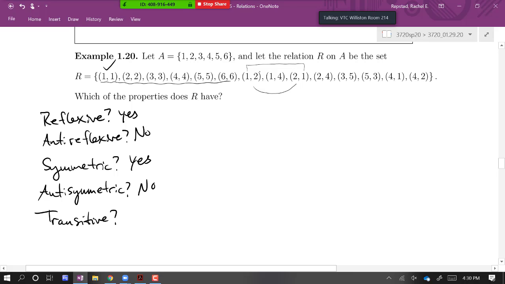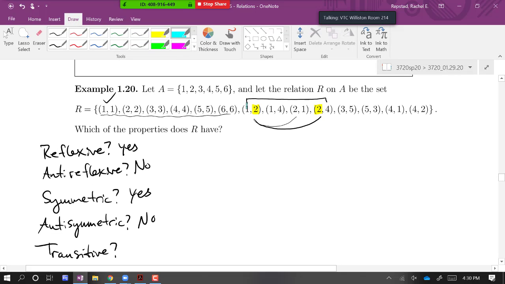1, 2 is in there, and 2, 4 is in there. So I'd need to have 1, 4, right? So it's the inner elements: the second coordinate of the first one and the first coordinate of the second one tie them together, and then I have to check whether the outer coordinates are related to each other. So I need 1, 4 to be in here, and it is.